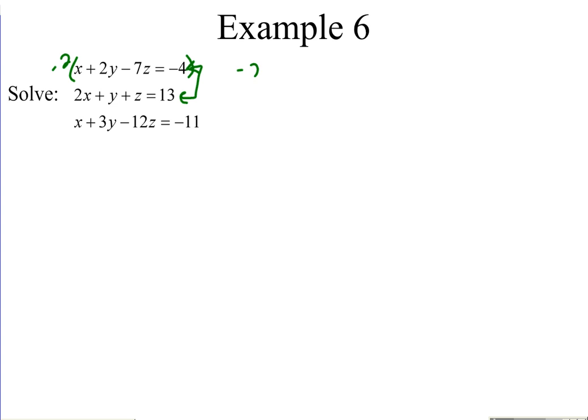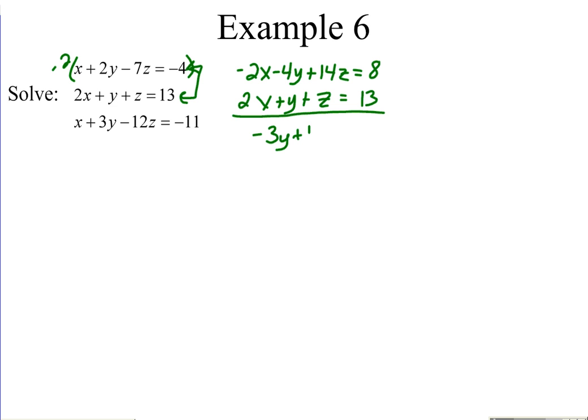When I do that, I get negative 2x minus 4y plus 14z equals 8. Second equation we're going to leave alone: 2x plus y plus z equals 13. Add them up. X is gone. Negative 3y plus 15z equals 21.